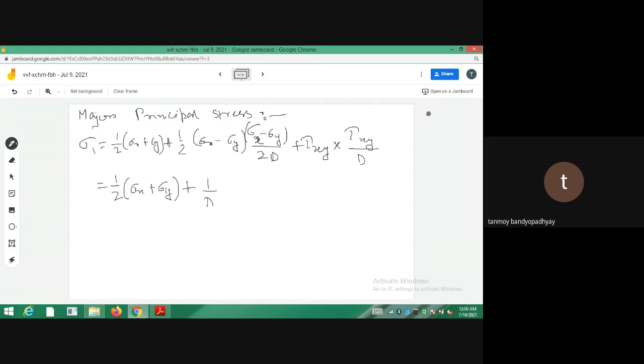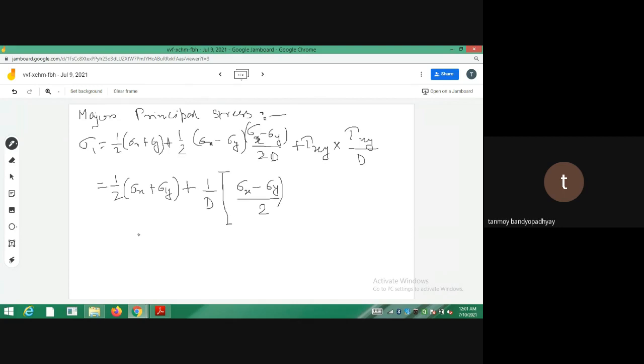Okay? If I take 1 by d common, at the top I am getting something like sigma x minus sigma y, and you can just write it inside, no problem.